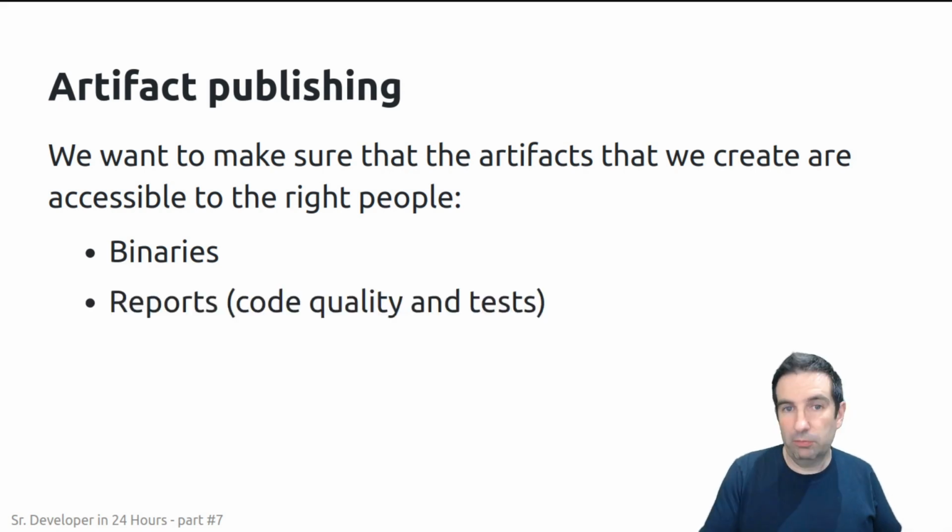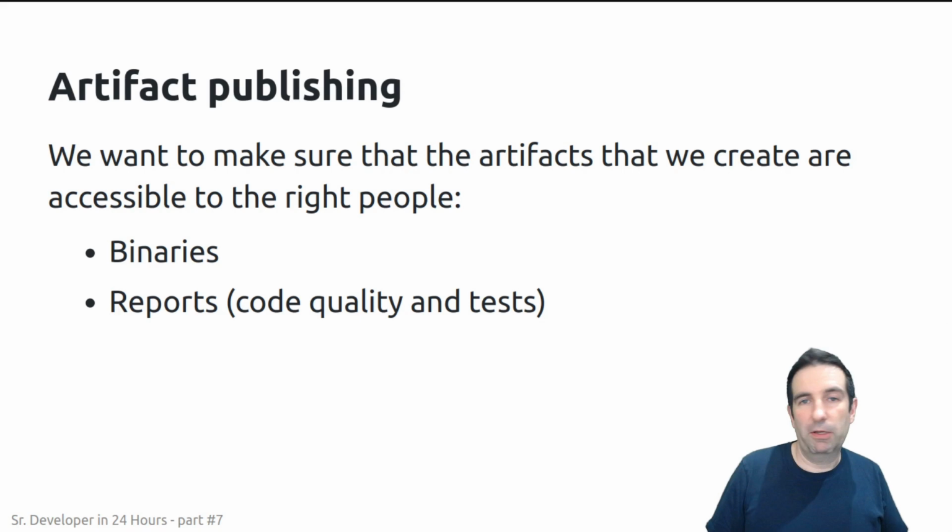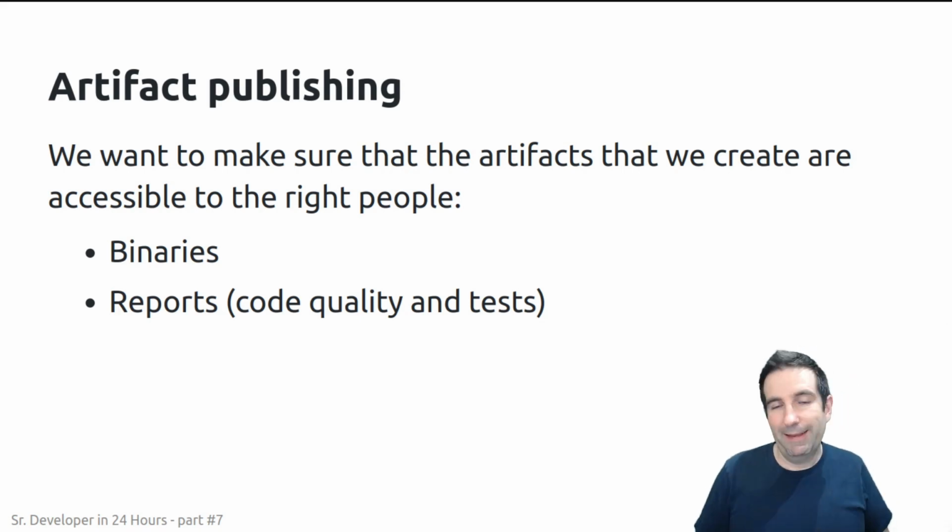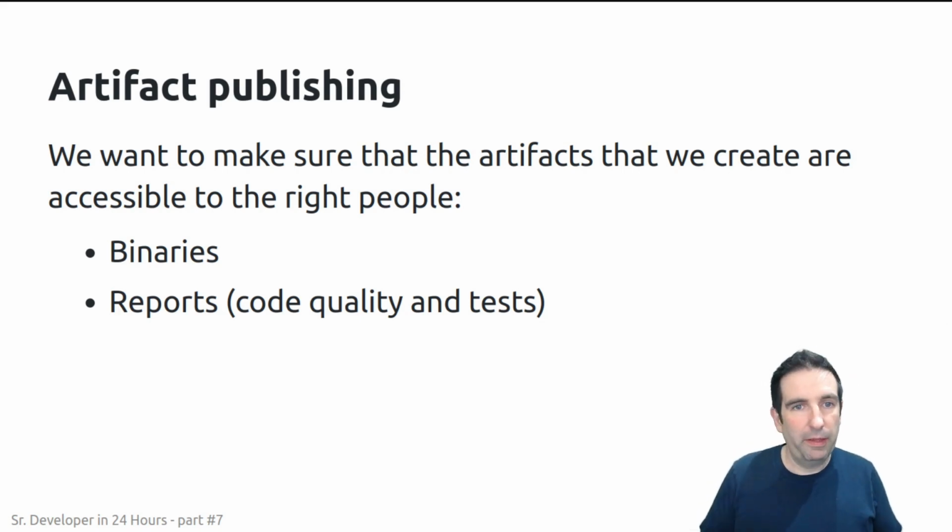But we go beyond that. Some of the artifacts that we're going to build are, for example, reports. Reports about the quality of our code, the results of our testing, things like that. Maybe they're going to be consumed by other stakeholders, maybe they're only going to be consumed by our own team, but at the end of the day, they are important artifacts that will help us improve the component that we're working on, the application, whatever.